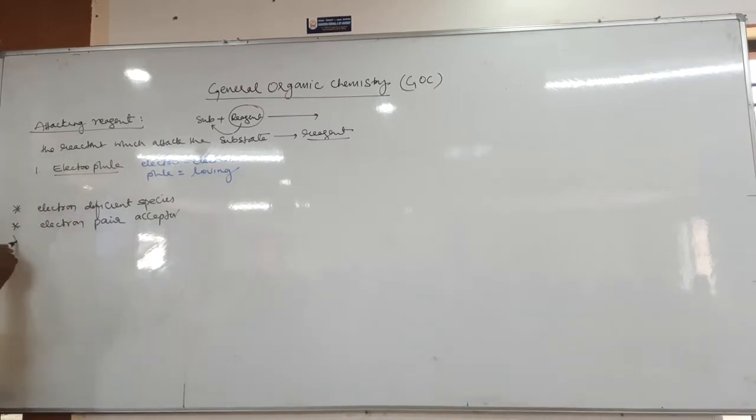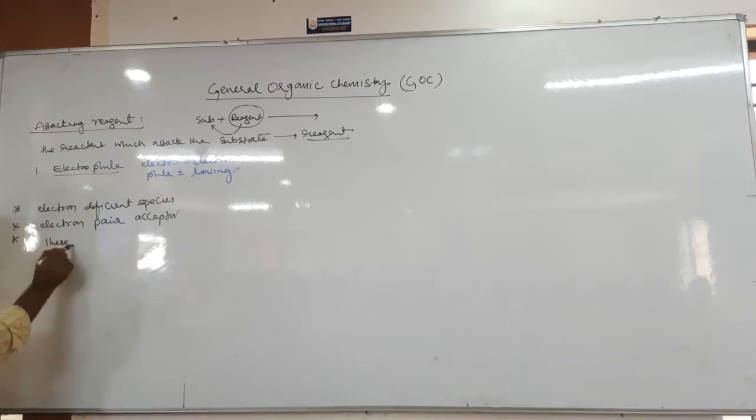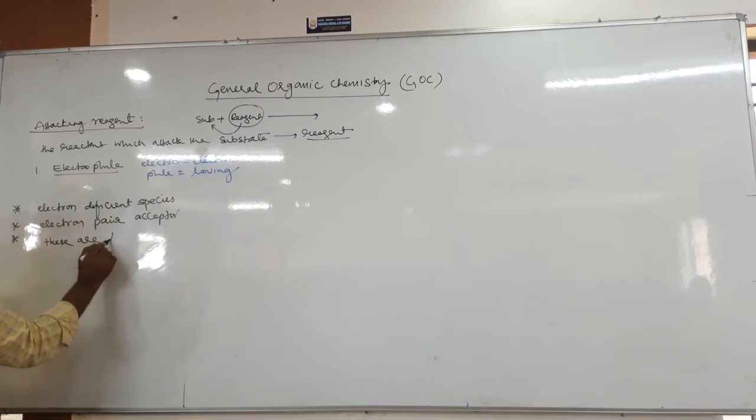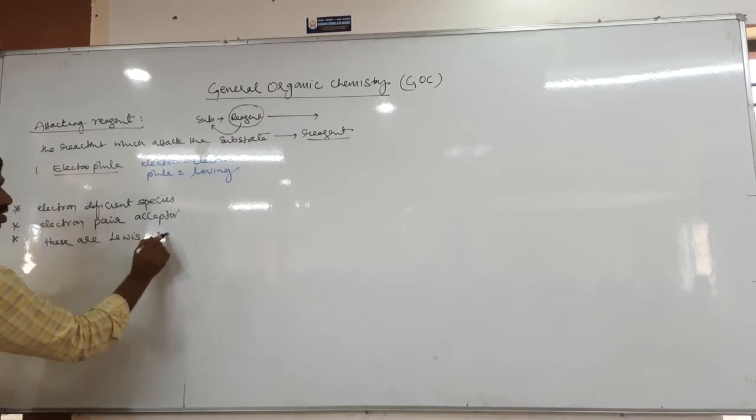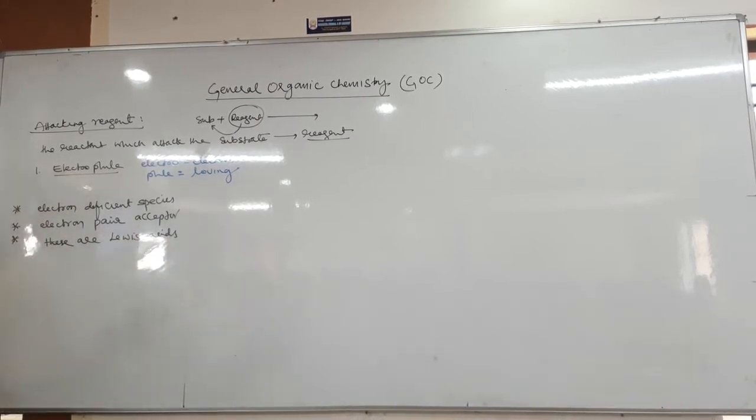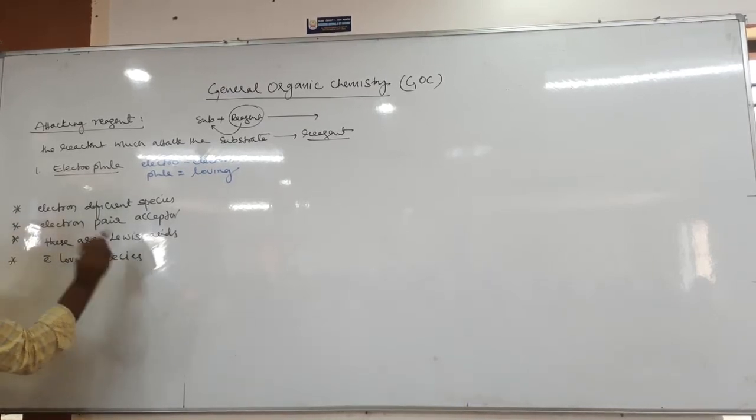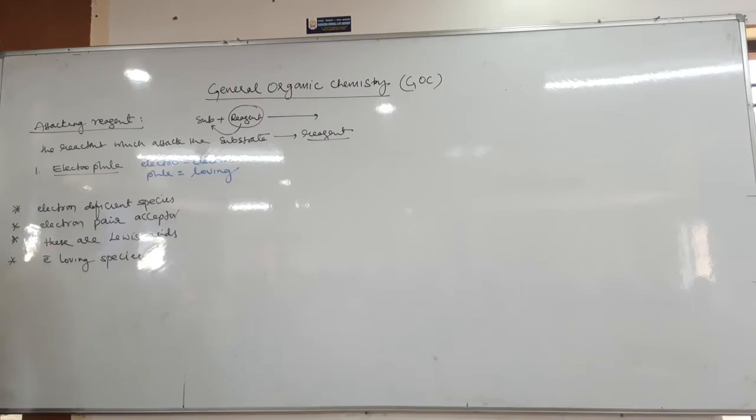But we also know that electron pair acceptors are Lewis acids. Very good, they are Lewis acids. Therefore these are generally Lewis acids because they are electron pair acceptors, and they are also electron loving species. These are the other names of electrophiles.